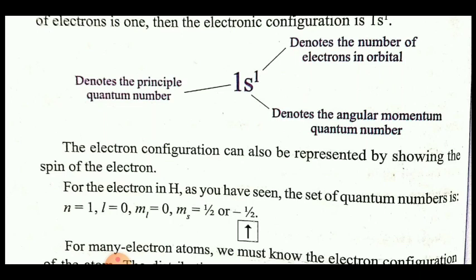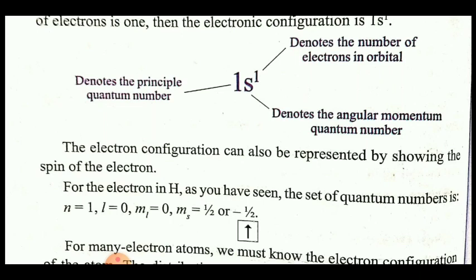One hydrogen atom has the electron with the quantum numbers n is equal to 1, L is equal to 0, ML is equal to 0, MS is equal to plus half. The other one has n is equal to 1, L is equal to 0, ML is equal to 0, MS is equal to minus half. Then only they combine.